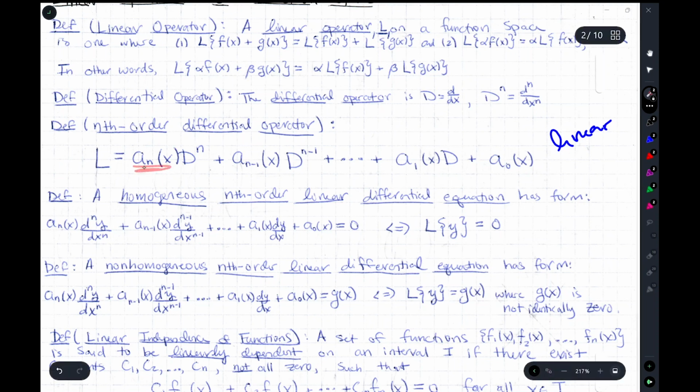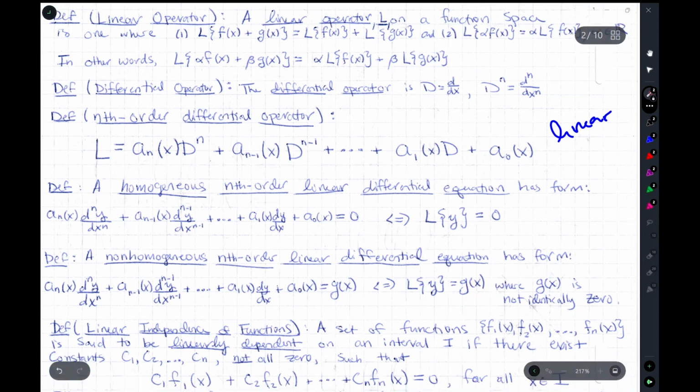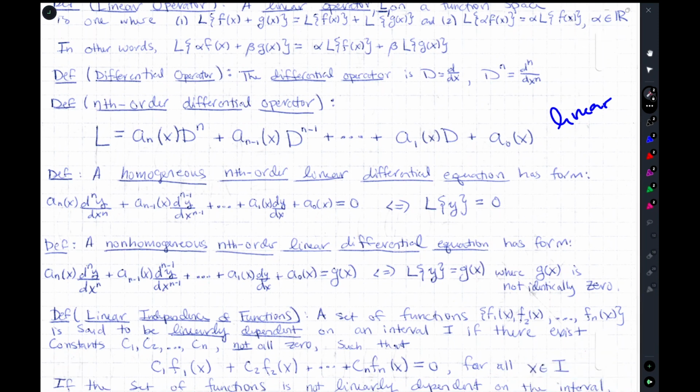So a_n(x), a_{n-1}(x), and so on could be any functions of x. We're going to focus on a subset where a_n(x) is never 0 on an interval, and these coefficients, all of them, are continuous.